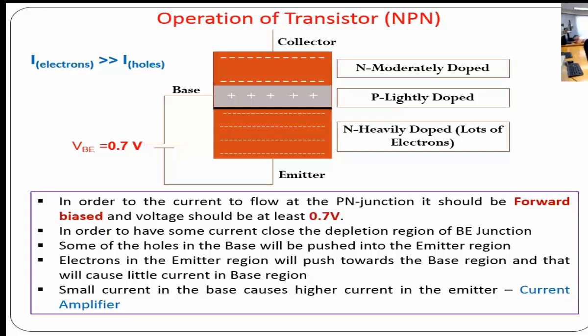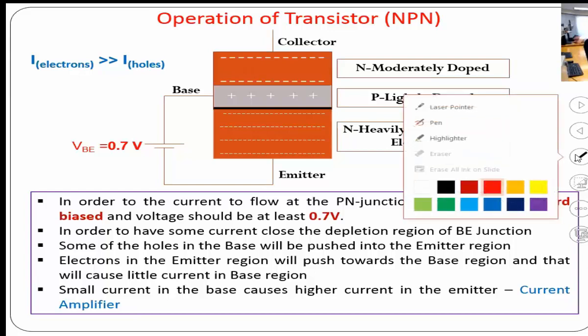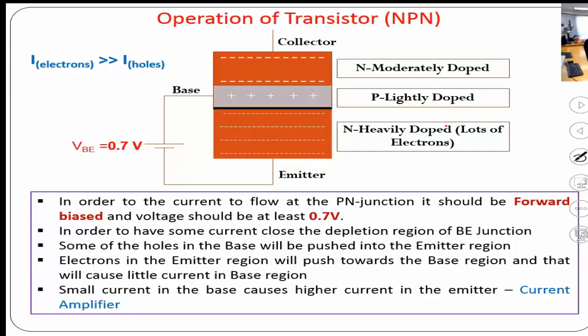So in the last discussion we mentioned, in order for current to flow through the PN junction, the junction must be forward bias, which should have a voltage of at least 0.7, which we usually call VBE. So what do you think that means? What is B for?